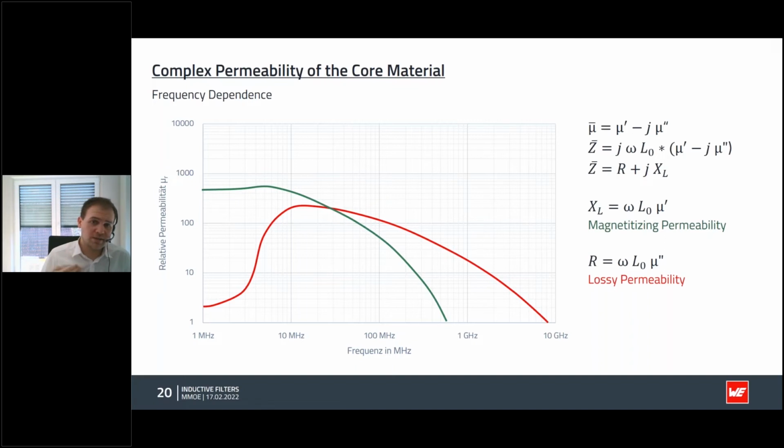However, with a rising frequency, we'll have more of a phase shift between the magnetization of the core and the actual B field inside the core. So this will result in losses inside the core, and also some self-heating of the core.